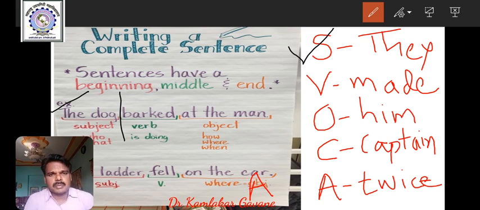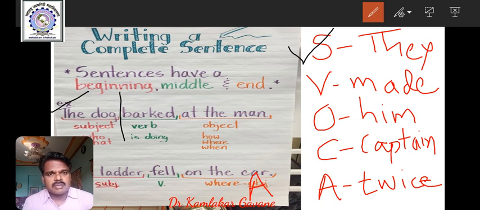Then verb. Verb element is the most important element in a sentence. There cannot be a sentence without a verb. There can be exceptions, one or two, but commonly there cannot be a sentence without a verb.